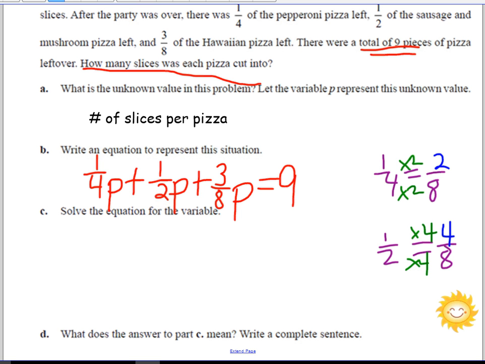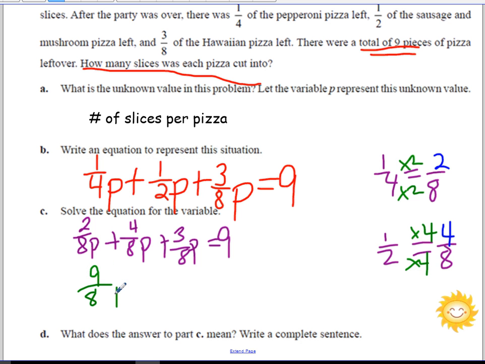But I'm showing my steps, so I'm going to have it as 2/8 P plus 4/8 P plus 3/8 P equals 9. And when I add those all up, 2 plus 4 is 6, 6 plus 3 is 9. So 9/8 P equals 9.